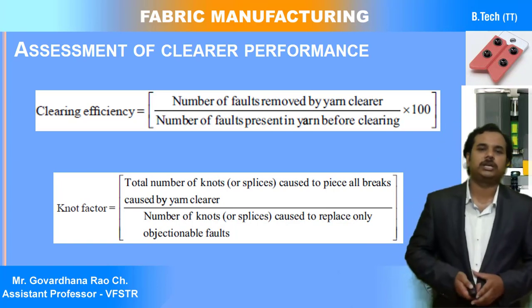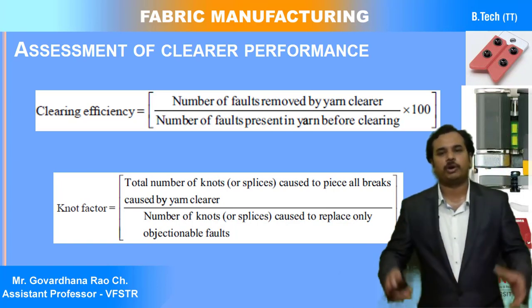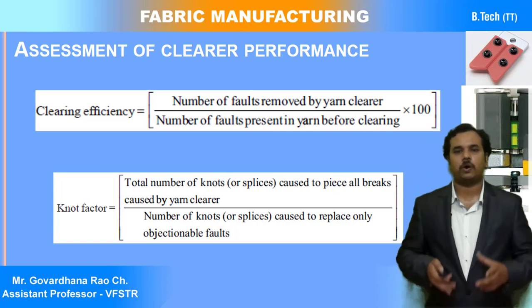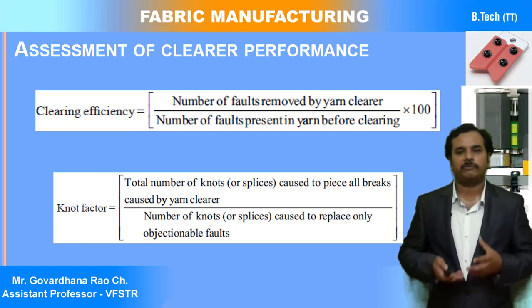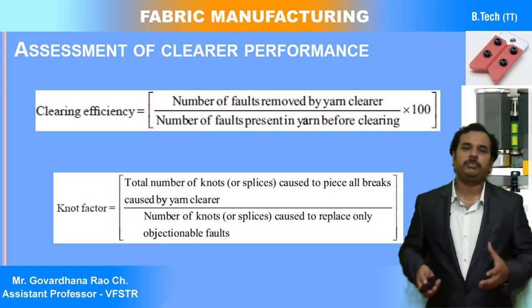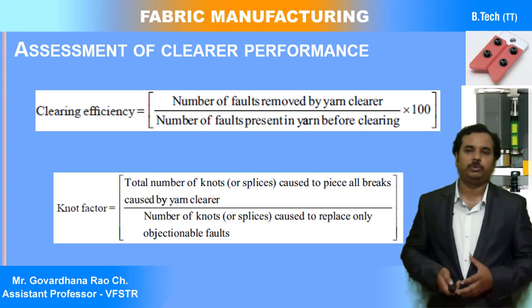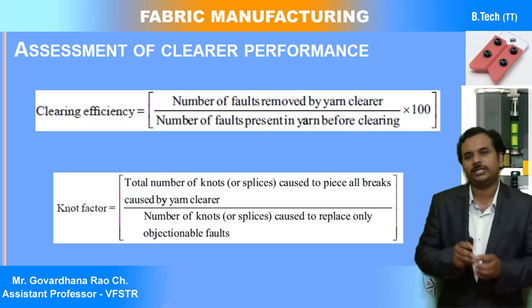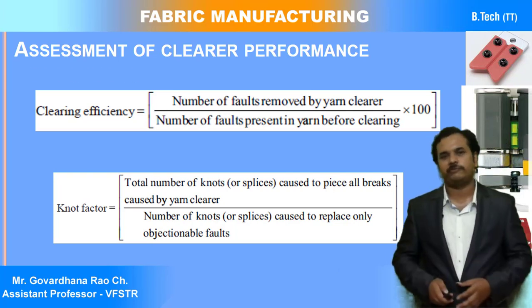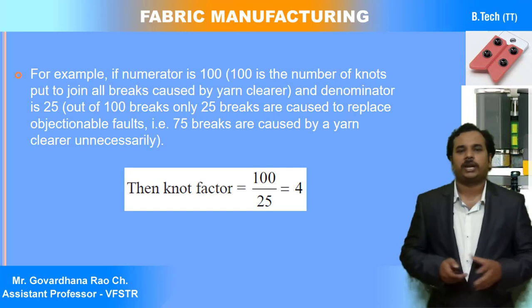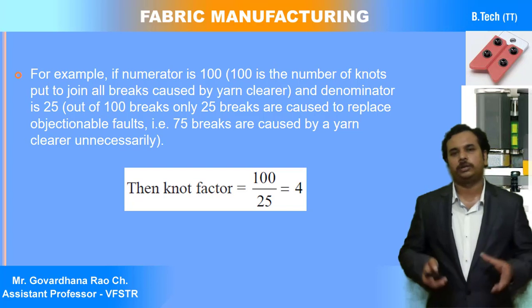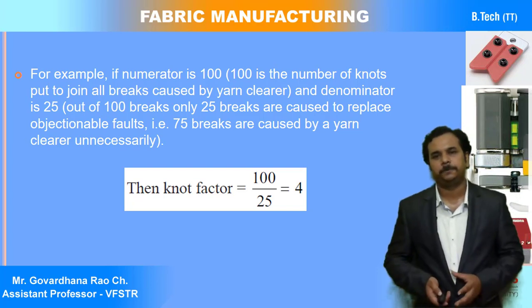And the next one is the knot factor: the total number of knots caused to piece all breaks caused by the yarn clearer divided by the number of knots caused to replace only objectionable faults. Now we will see a simple example of this knot factor. For example, 100 knots are put to join all the breaks caused by the yarn clearer.